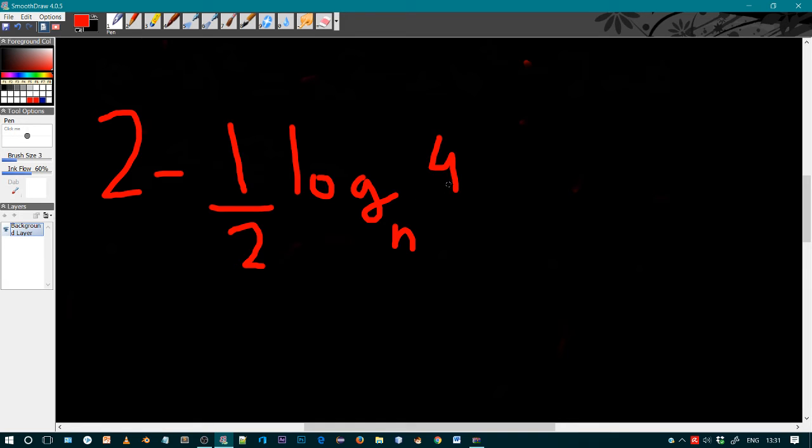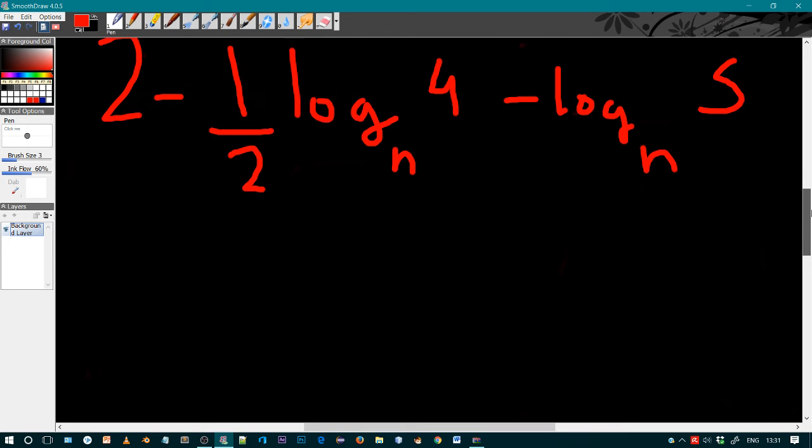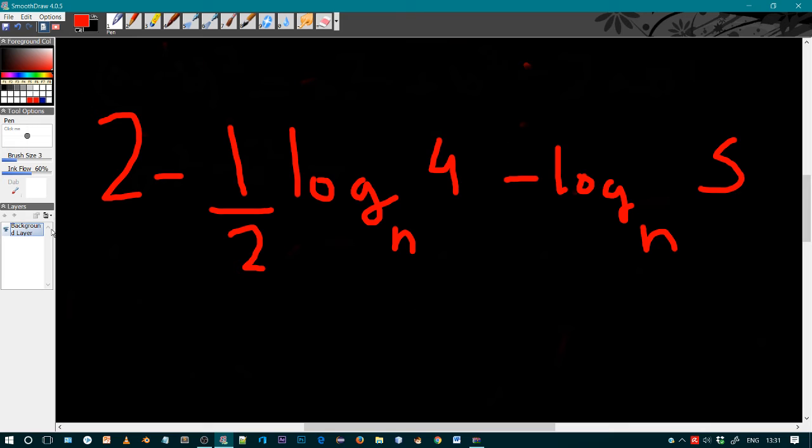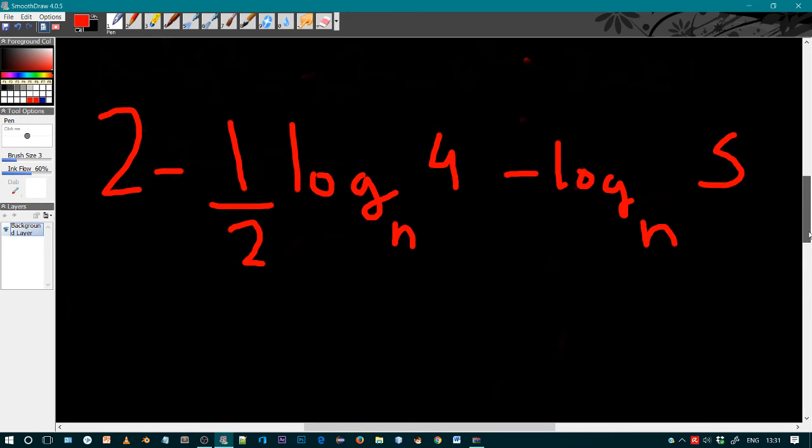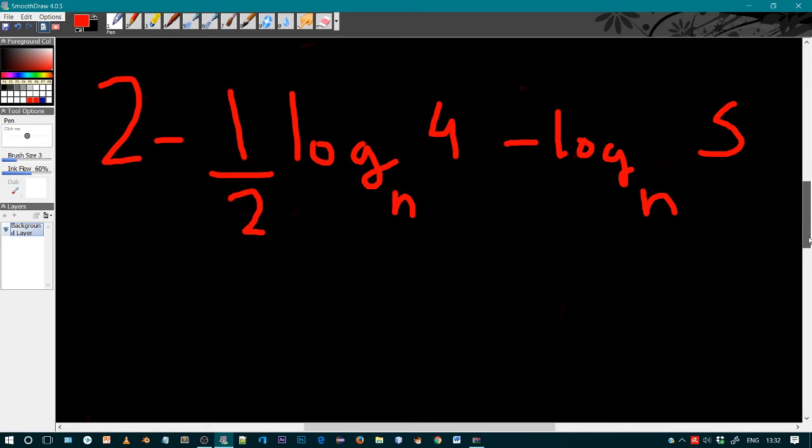So the second question I will give you is 2 minus half log base n of 4 minus log base n of 5. We know the division rule, that when the base is same, you can do that stuff. So let's apply that rule here.